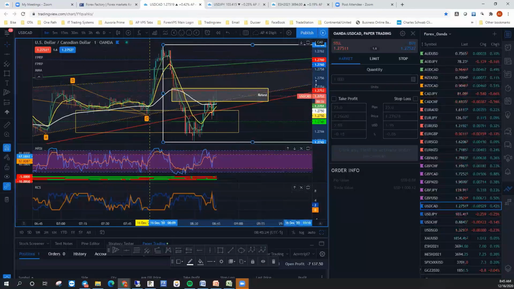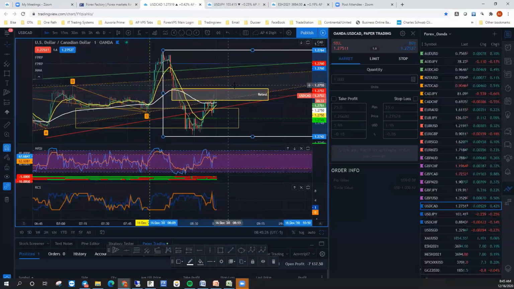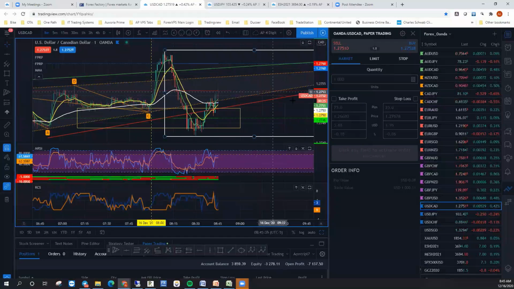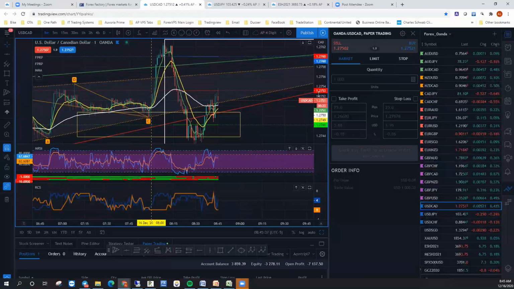Looks like I got stopped out on that one. It looks like it broke through the retest area. I probably should just have my stop on the other side of this wedge line.